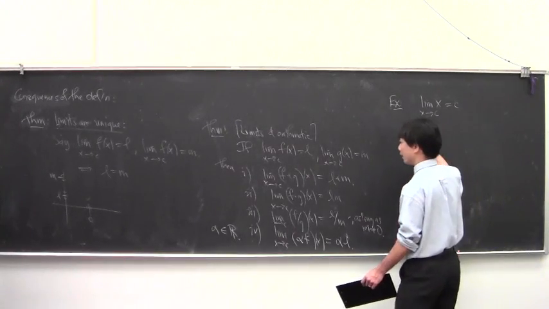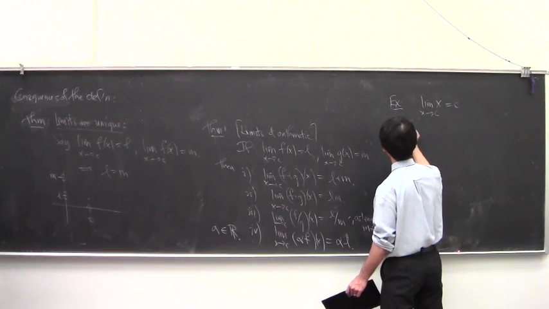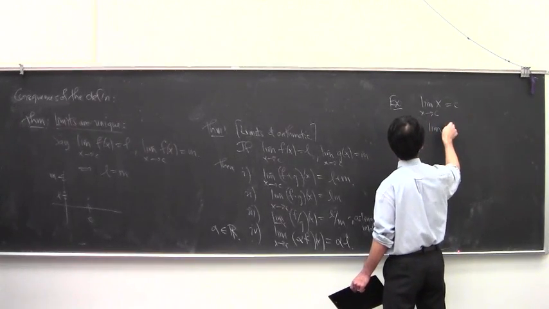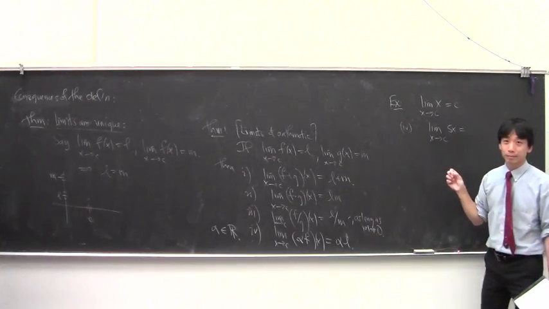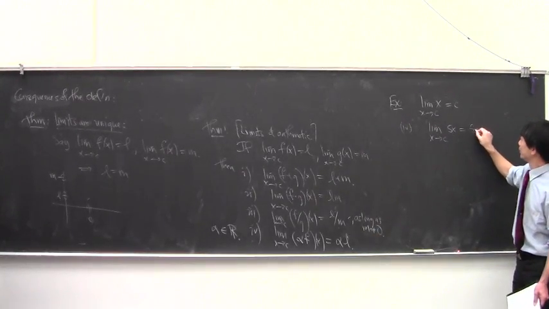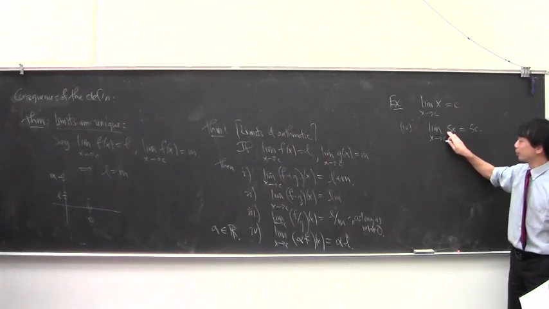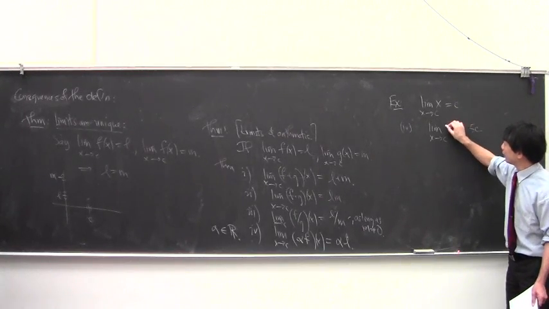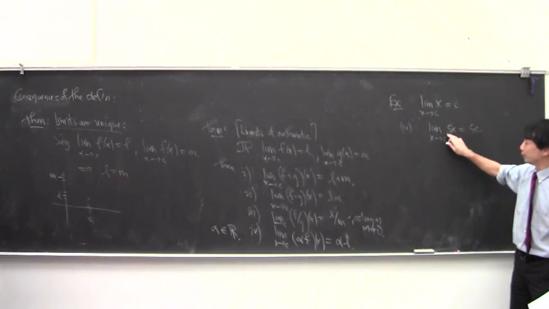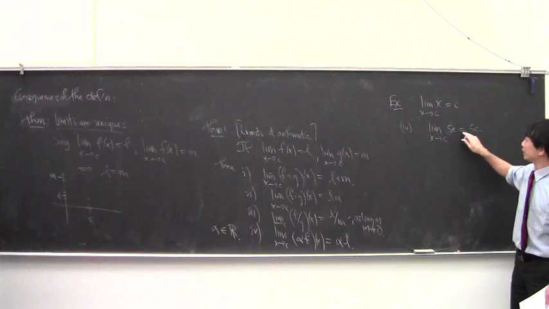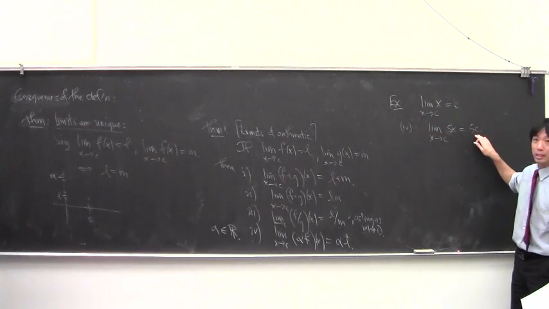So by number 4, the limit of 5x as x approaches c is what? 5c, right? You can pull the constant out. That's what this is saying. If you're multiplying by a constant, you can just pull the constant out. You get 5 times the limit. That's 5c.